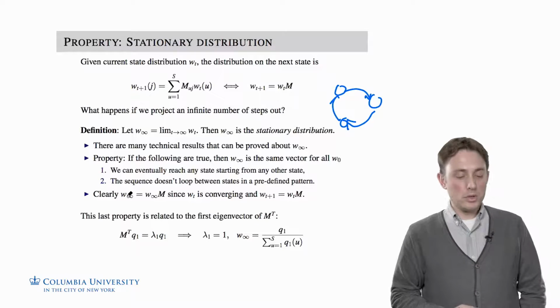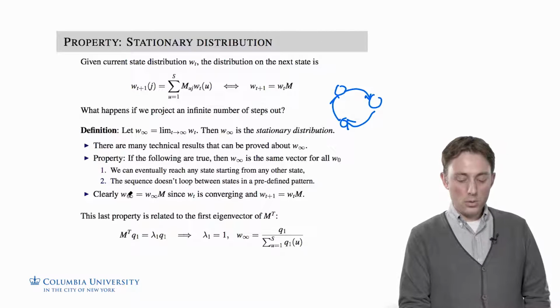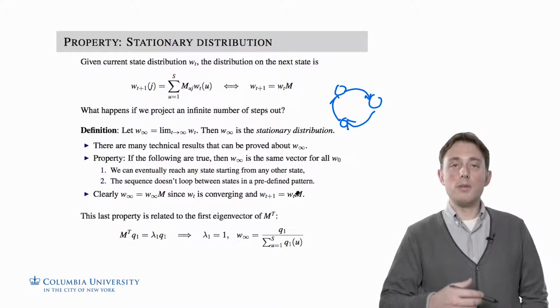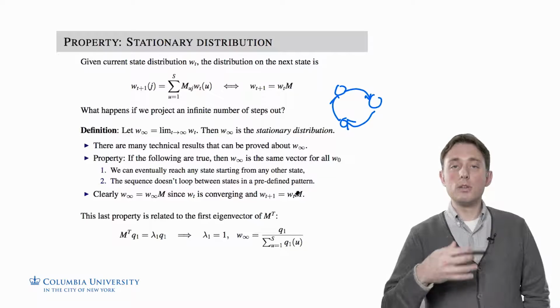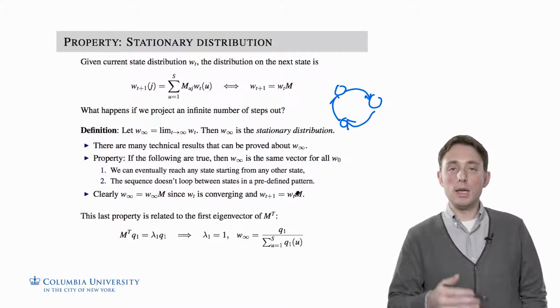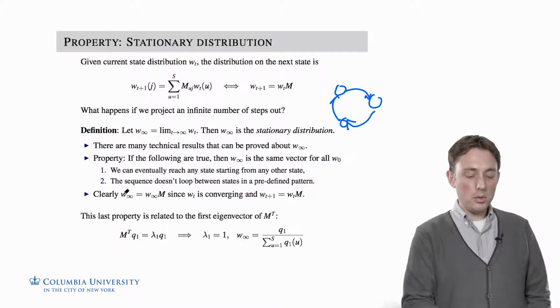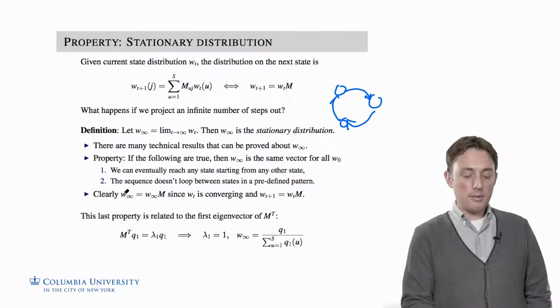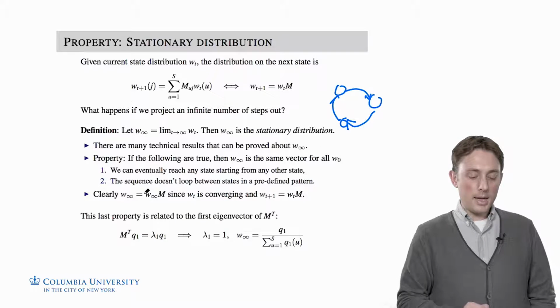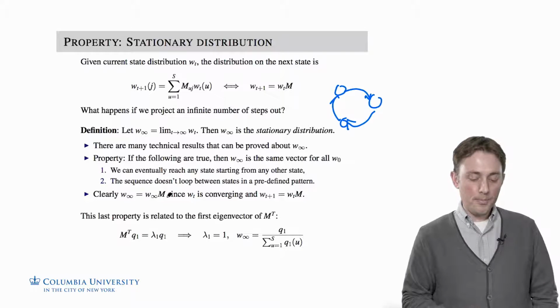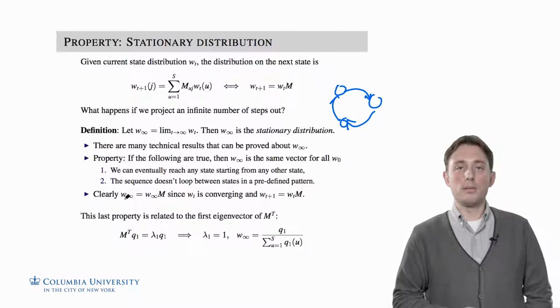So if we have converged to a stationary distribution, and we've shown that wt plus 1 is equal to wt times M, and wt is converging as t goes to infinity to a vector called the stationary distribution, what that means is that w infinity is a vector that has this property where if we take w infinity times M, we get w infinity back.